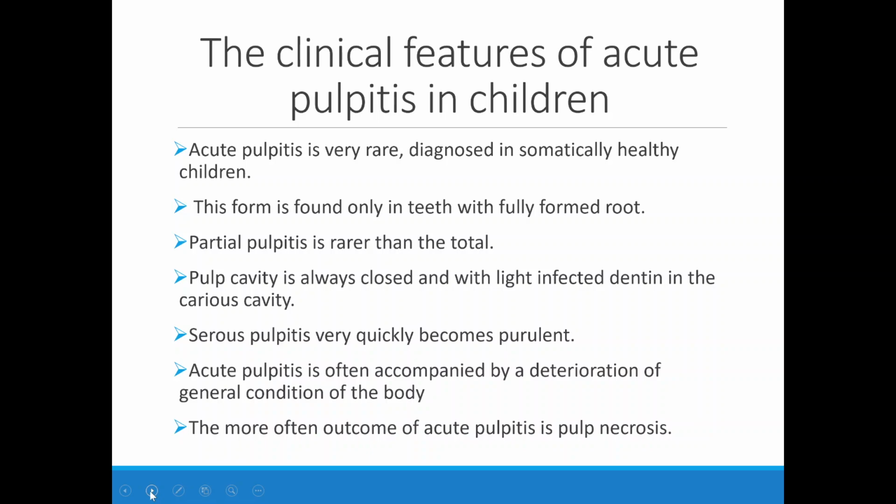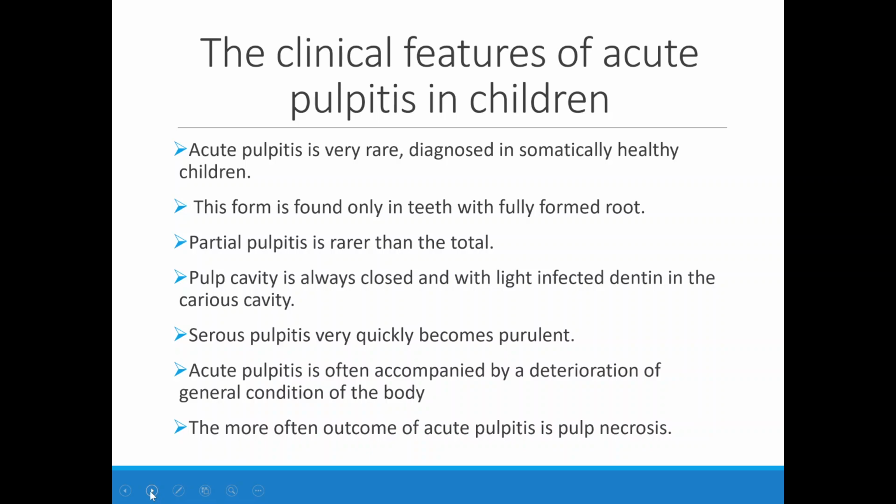So you should remember that acute pulpitis we can meet in children older than 4 years old up to 6 years old, when the roots are fully formed, because before that we have root formation, after 6 we have resorption of the roots.